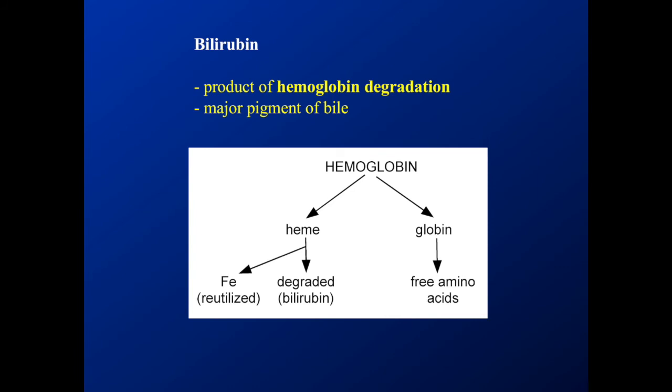But the heme part then is separated, the iron is reutilized for other hemoglobin creation and just goes into the iron pool of the body. But the other part of it then is bilirubin, and then this is passed out into the GI tract via bile secretions.